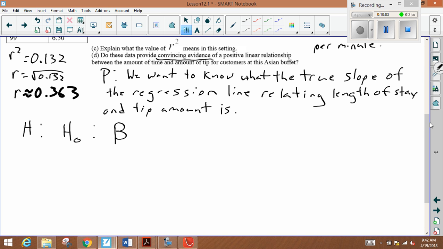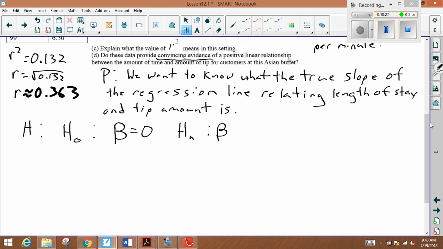It's good enough for it to be equal to 0, right? So then our alternative hypothesis would be that beta is greater than 0, right?